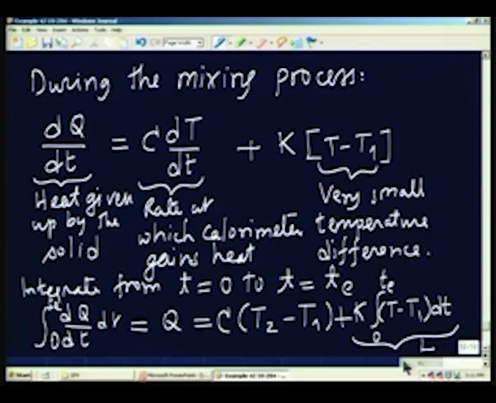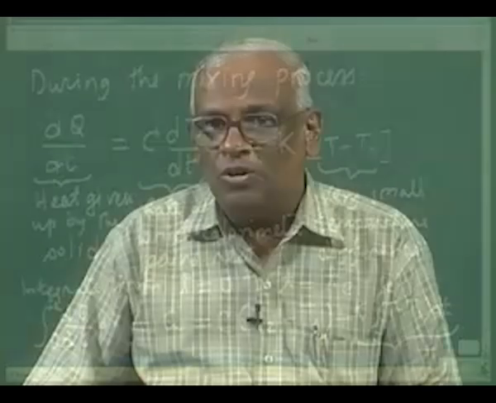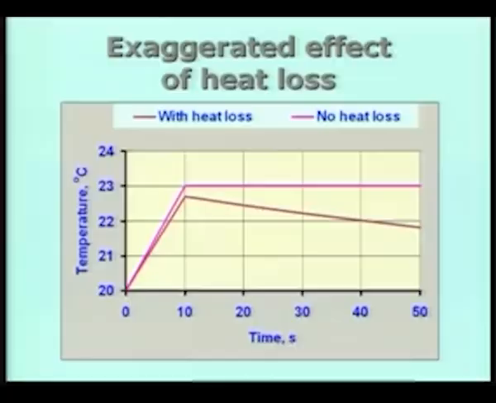Now, let us look at what is going to happen after the mixing process is over. Subsequently I am going to end up having a cooling process. So, let us look at the data obtained. I have deliberately exaggerated the effect of the heat loss to show the details. The data obtained is the lower curve, with heat loss.